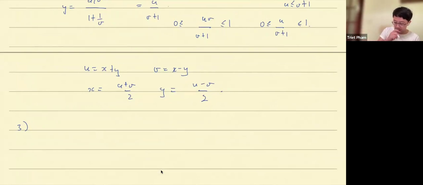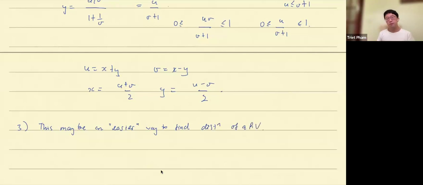So basically, this may be an easier way to find the distribution of a random variable. All right. So what do I mean by this?